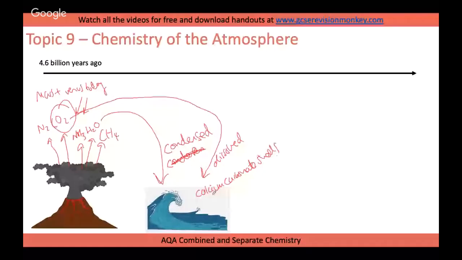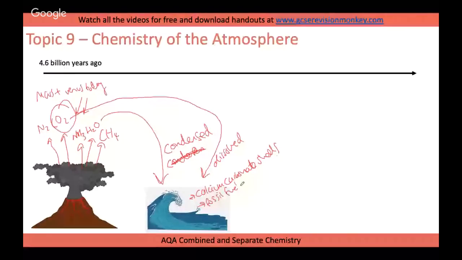It also, whilst it was being dissolved in the ocean, over millions of years, it would have also been crushed down into fossil fuels. So these calcium carbonate animals that died would have been crushed down and locked up in fossil fuels.